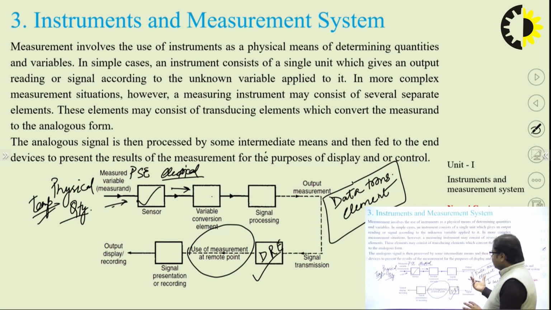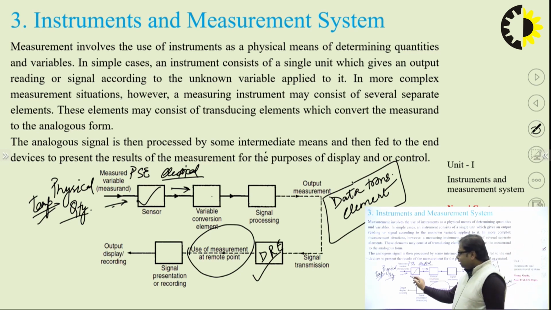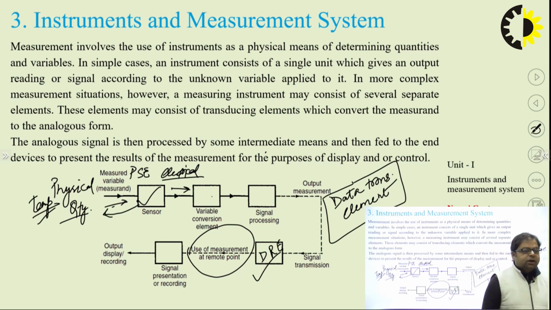Multiple variable conversion and variable manipulation elements can be available, and multiple display, recording or actuating instruments could be there. But one thing is sure, that the sensor will be in direct contact with the physical quantity which is being measured.